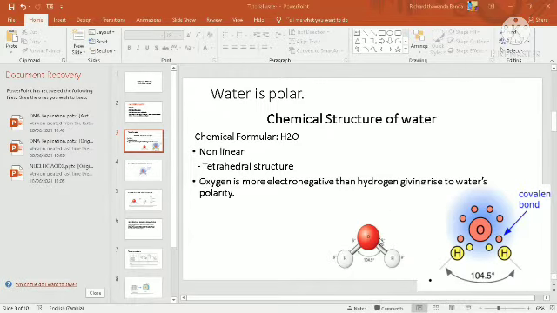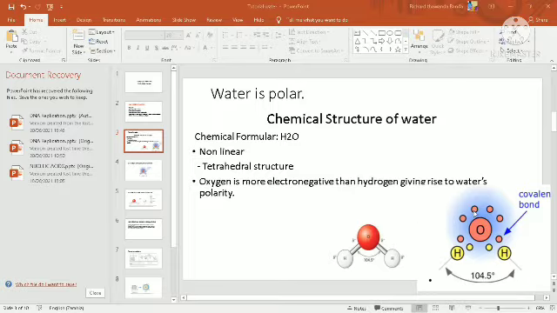What this simply means is that when the oxygen is covalently bonded to the hydrogen, it will have the tendency to pull the electrons in the covalent bond towards itself in such a way that you have the bulk of electrons around the oxygen atom, and the hydrogens are covalently bonded to the oxygen, but the electrons are further away from the hydrogens and closer to the oxygen.